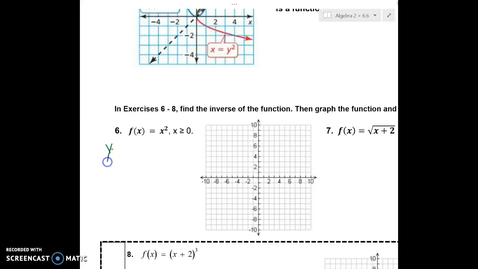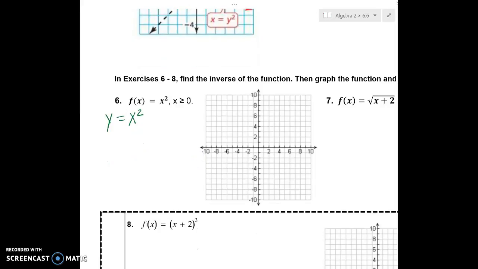First, you replace f of x with y. Now we switch the x and the y. Now we solve for y, so get y by itself. In order to get rid of that squared, we need to square root both sides. And remember, when we have an even index, so this is an imaginary 2 right there, we have a plus and minus. But if you remember here, we are only using non-negative numbers.